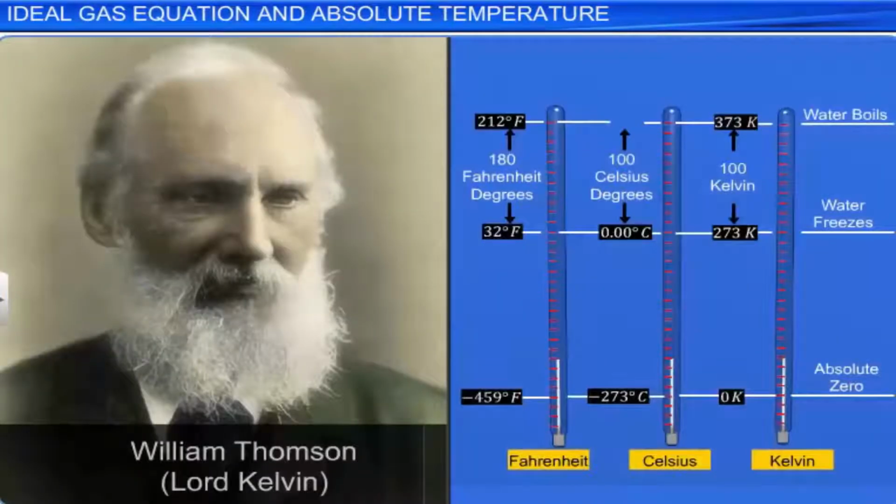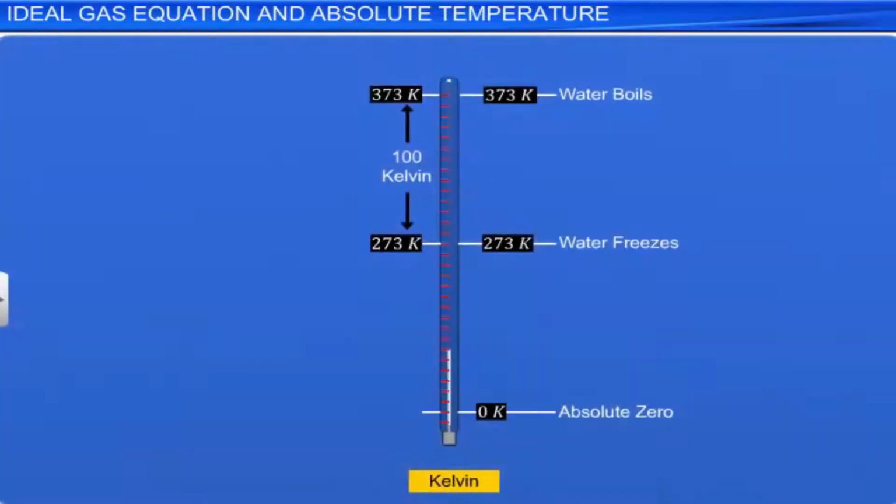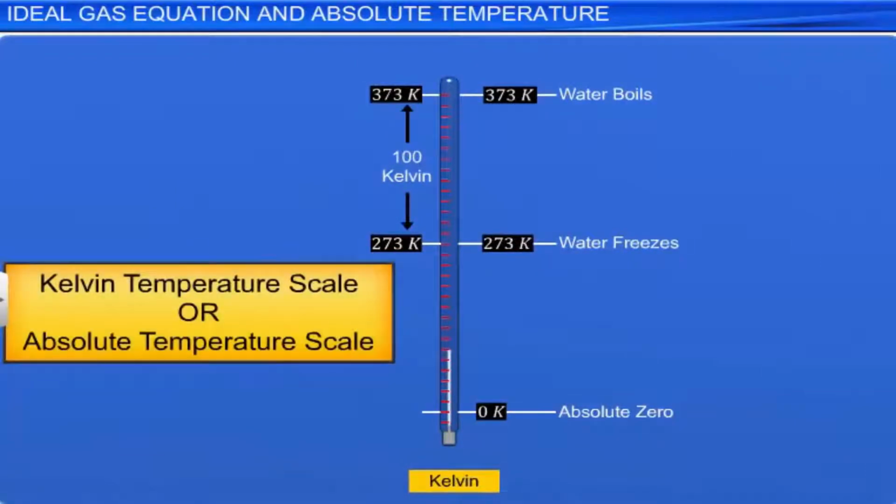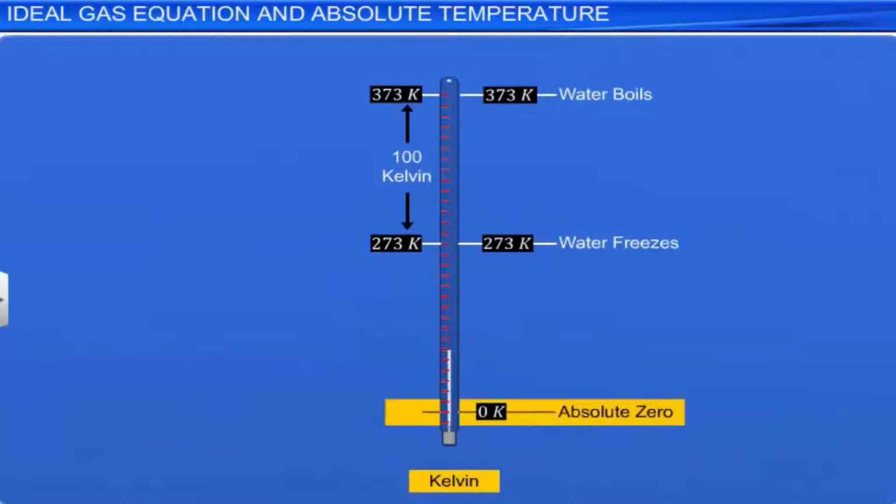A new temperature scale was developed by Lord Kelvin by designating this temperature of minus 273.15 degrees centigrade as zero. This new temperature scale is known as the Kelvin or absolute temperature scale. The zero of this scale is called absolute zero.